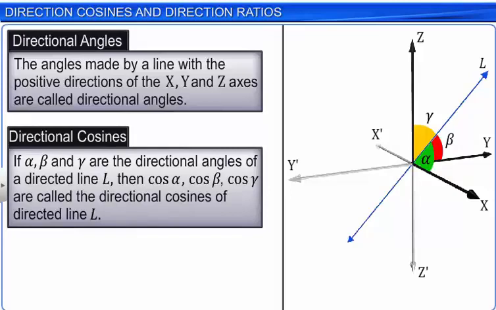Thus, cos alpha, cos beta, and cos gamma are the direction cosines of directed line L.